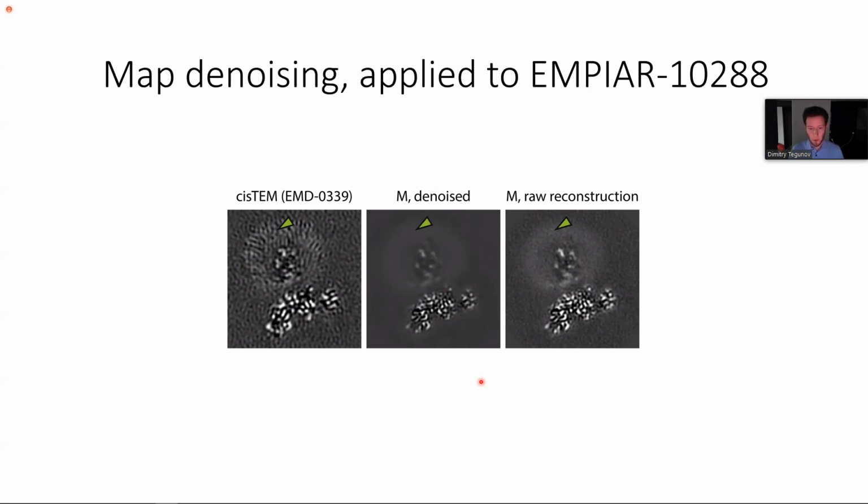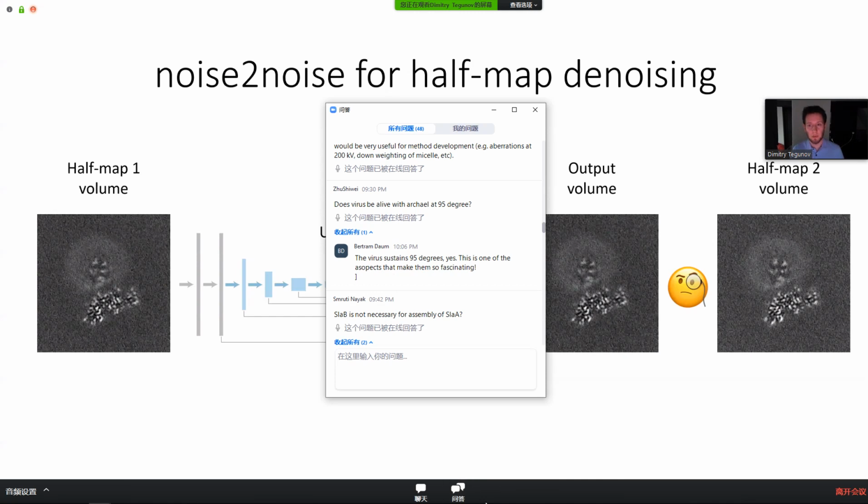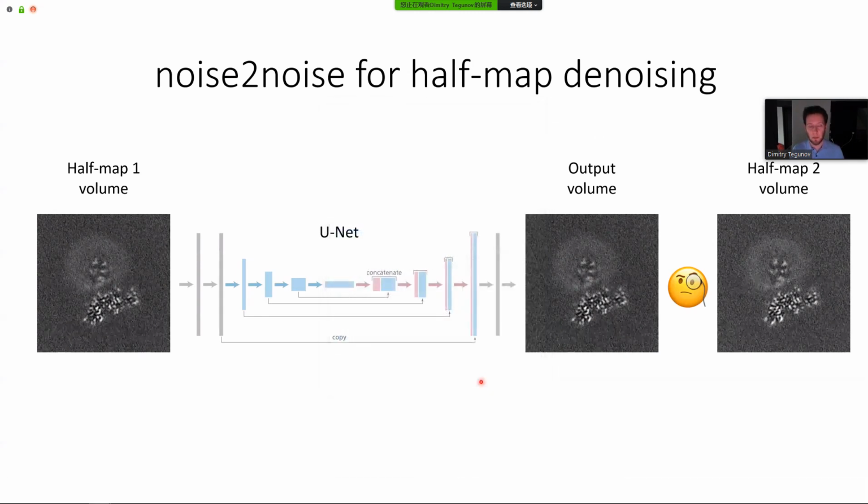Now, we pioneered the use of noise-to-noise denoising for raw cryo-EM data in Warp pretty much immediately after the noise-to-noise paper came out. But so far that has been limited to raw 2D and tilt series data. So here we take the same basic U-Net architecture and we feed it one of the half maps, and we ask it to generate something as similar as possible to the other half map as its output.